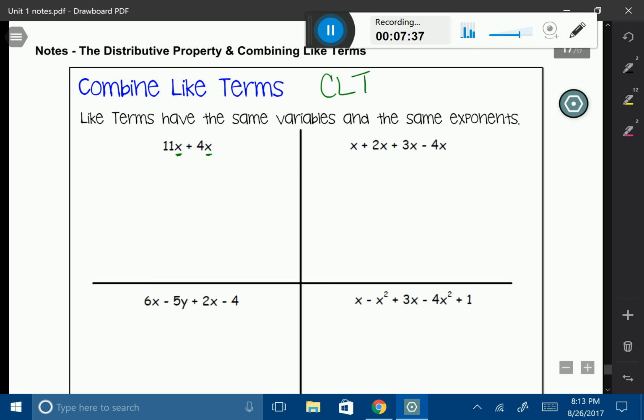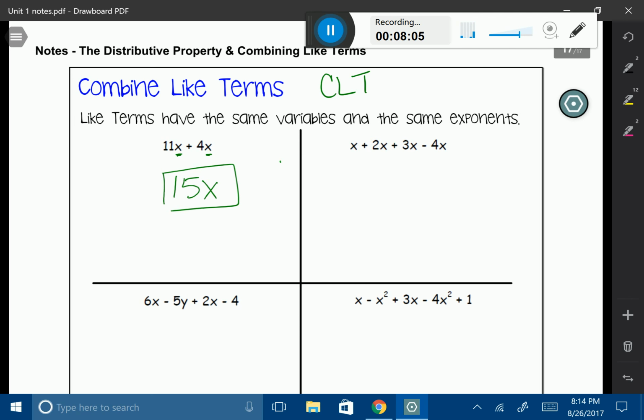Notice how those x's are identical. Sometimes I like to say they have the same last name. So when two terms have the same last name, you can combine them. So 11x and 4x can be combined. If I combine them, that's just going to give me 15x. And I'm done. I've combined like terms because these two terms are like.